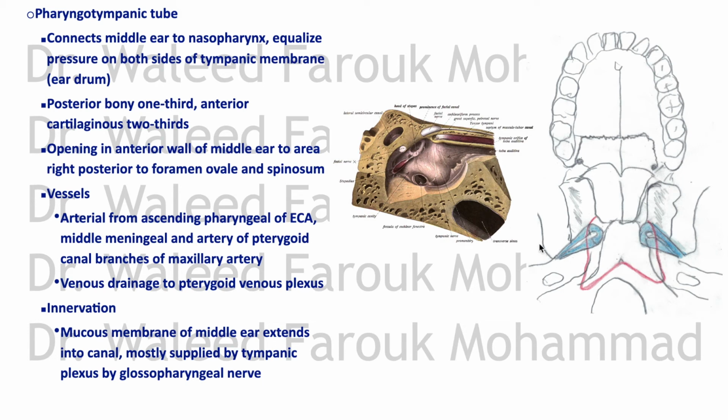And the nerve supply mostly belongs to the middle ear mucosa, which is the tympanic plexus. The maxillary nerve may encroach on the anterior part of the mucosa to supply it, because you know the mucosa of the nasopharynx is supplied by the pharyngeal branch of the maxillary nerve. Yes, this is all to be said about the Eustachian tube.